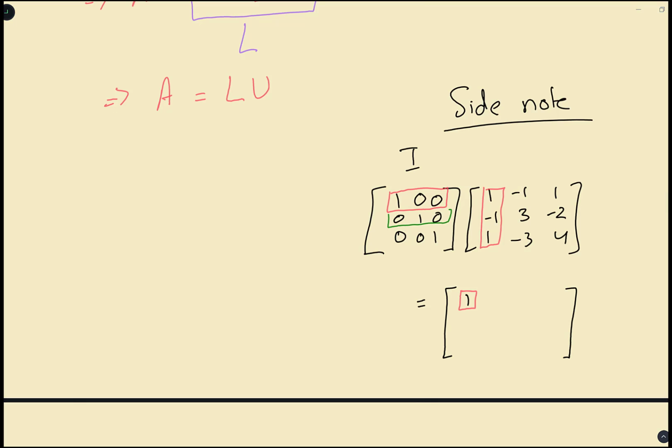So if I want to do this row also with this column, what we're going to get is the value here. So we're going to get 0 times 1, 1 times -1, and 0 times 1, which gives us -1.